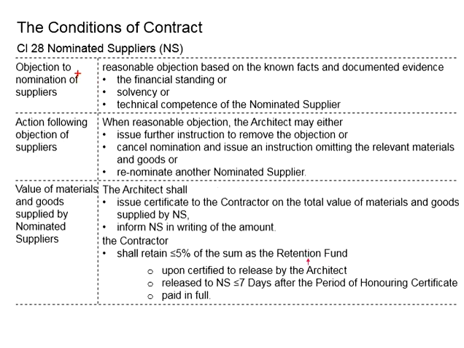Next is about the objections to the nominations of the supplier. You know that the nominated supplier is nominated by the employer or the architect, and theoretically the contractor will have to agree with that and work closely with this nominated supplier.